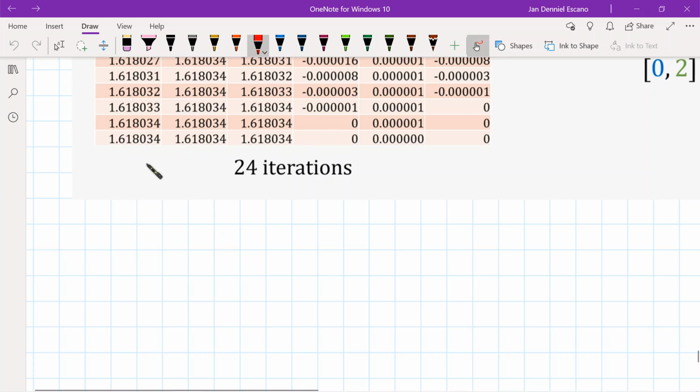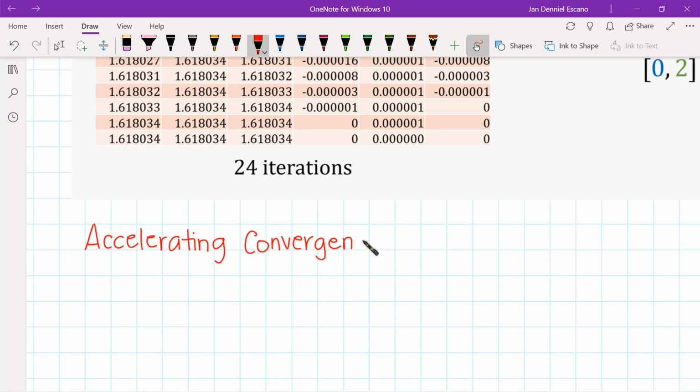So our next topic for solution of equations in one variable is accelerating convergence. From the term itself, accelerating convergence, we can speed up our solution by using these methods, wherein we will not anymore conduct a lot of iterations for us to get the roots of the given equation.